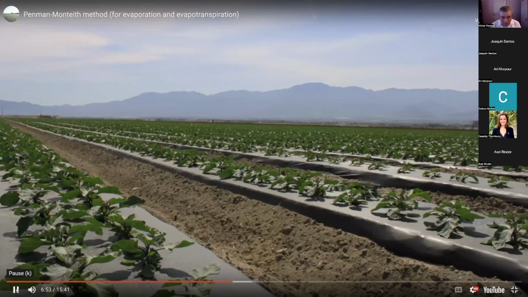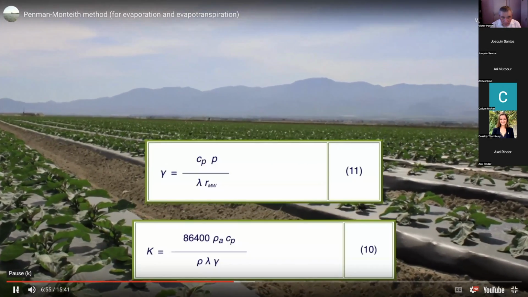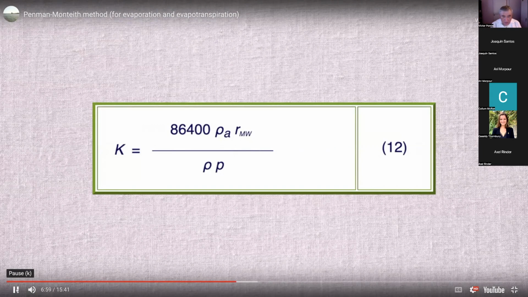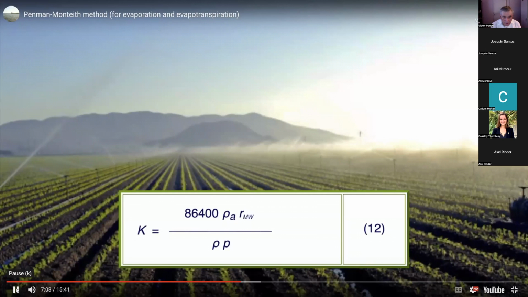Substituting equation 11 in equation 10, in which the constant K remains in units of second per day per millibar.